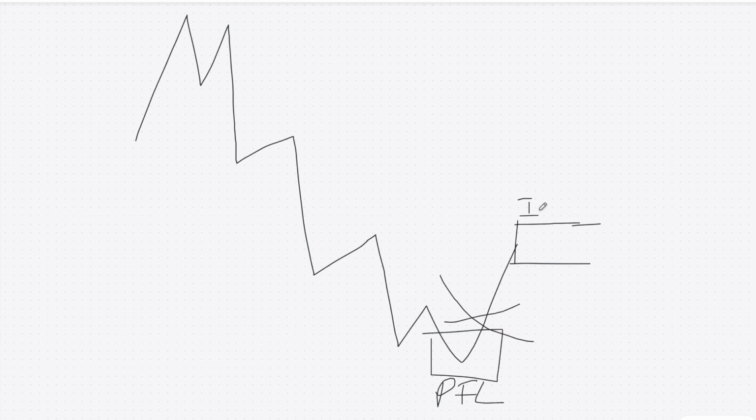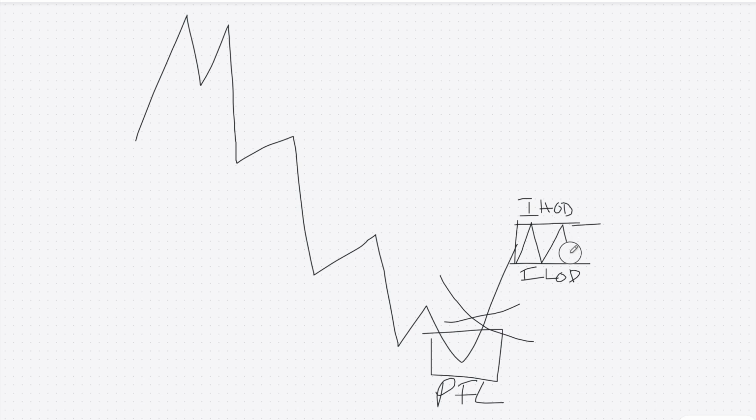If we're talking about a type 1 pattern, coming off of a peak formation low, it'll look like this. Your Asian session sets the initial high of the day and also the initial low of the day.